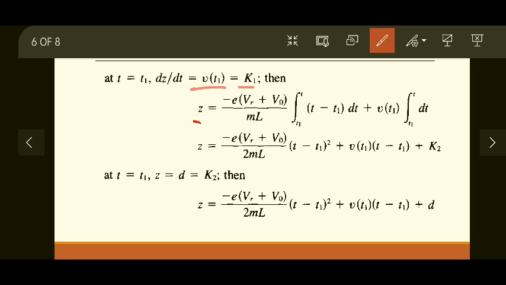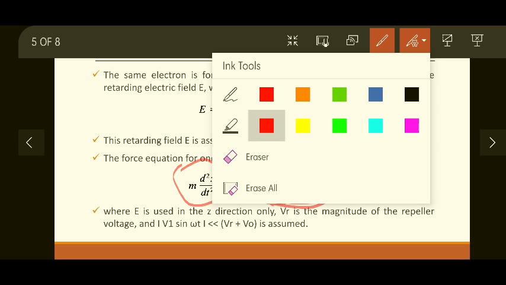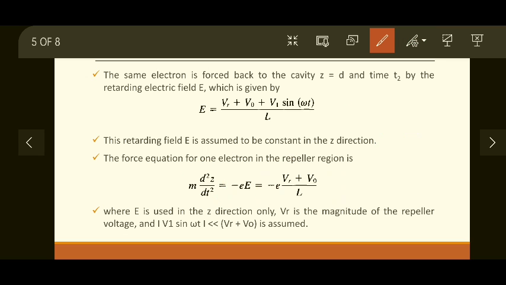Then integrating this will give you z. So how will it be found out? z is equal to the integration of minus e into (Vr plus V0) upon L. This is taken from this equation. Mass into acceleration is given by this one, so only the acceleration part will come as d2z by dt square, with this m taken downwards.